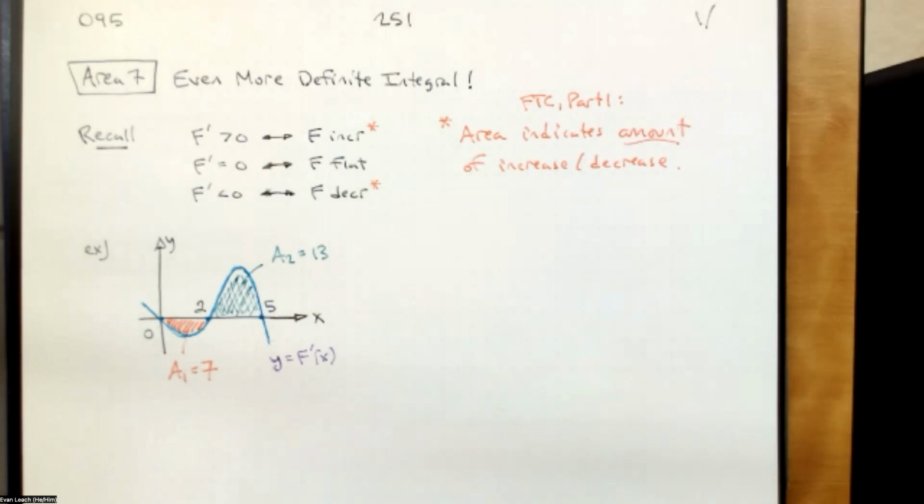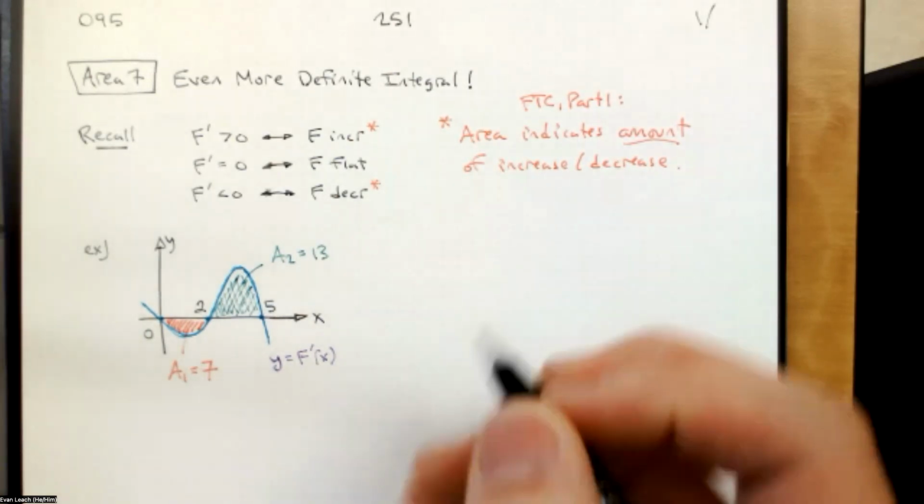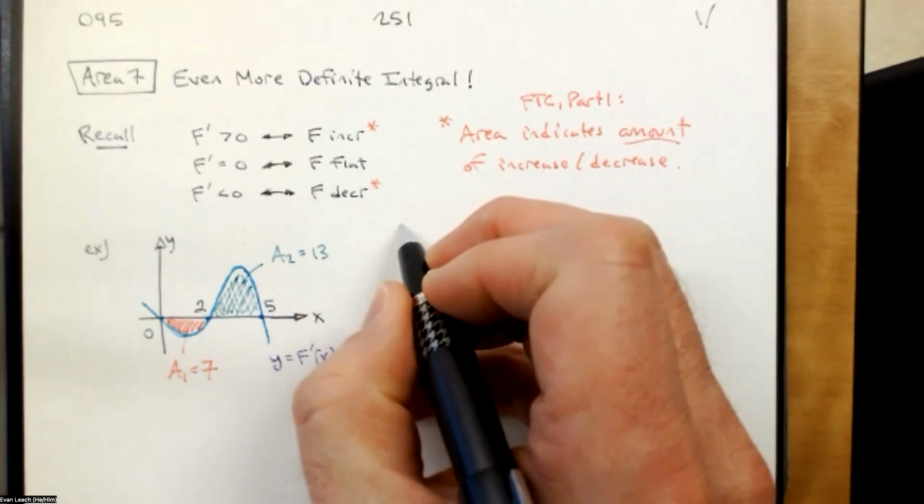So we know additional information. We see that on the interval from 0 to 2, since F prime is negative, capital F is decreasing. Since the area is 7, capital F decreases by 7.